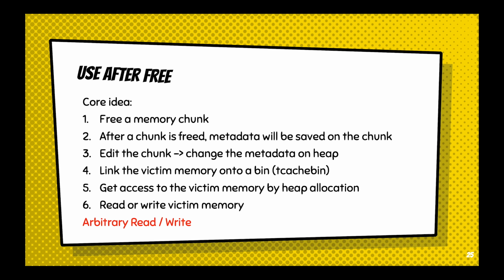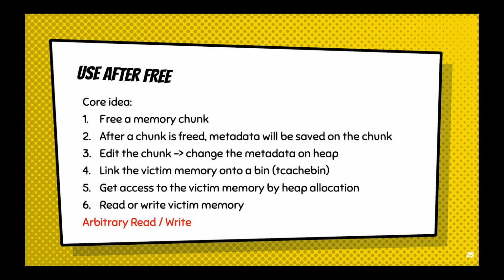So the core idea of use after free vulnerability is that once a memory chunk is freed, metadata will be stored into the chunk. If there is a use after free vulnerability, the attacker will be able to use the freed chunk and continue editing the chunk.